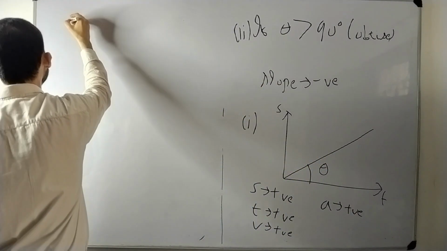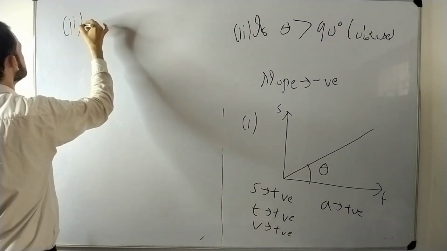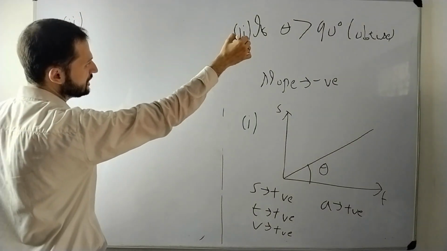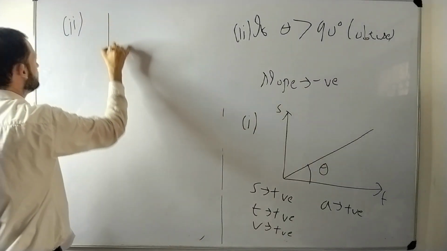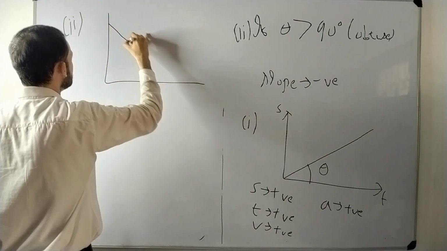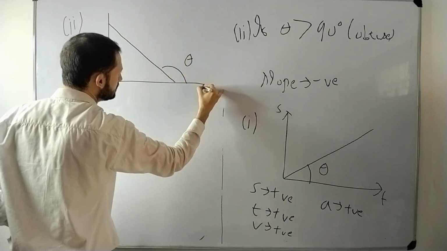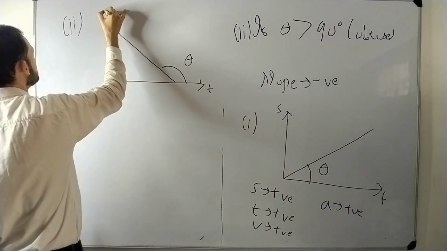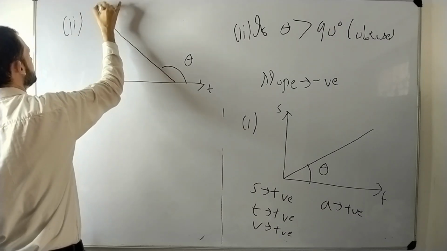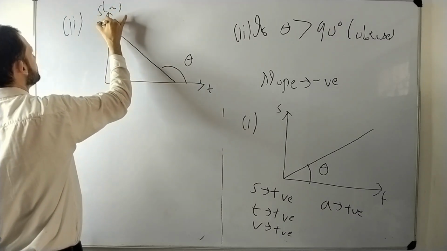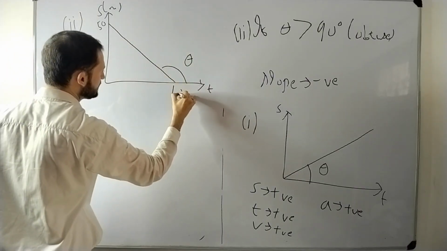Now the second case, obtuse angle. Second case is what? If theta happens to be greater than 90. So what graph should I draw? So this graph you should draw. This is theta here, this is time, and this is displacement S in meter, 50, and this is 10 seconds.